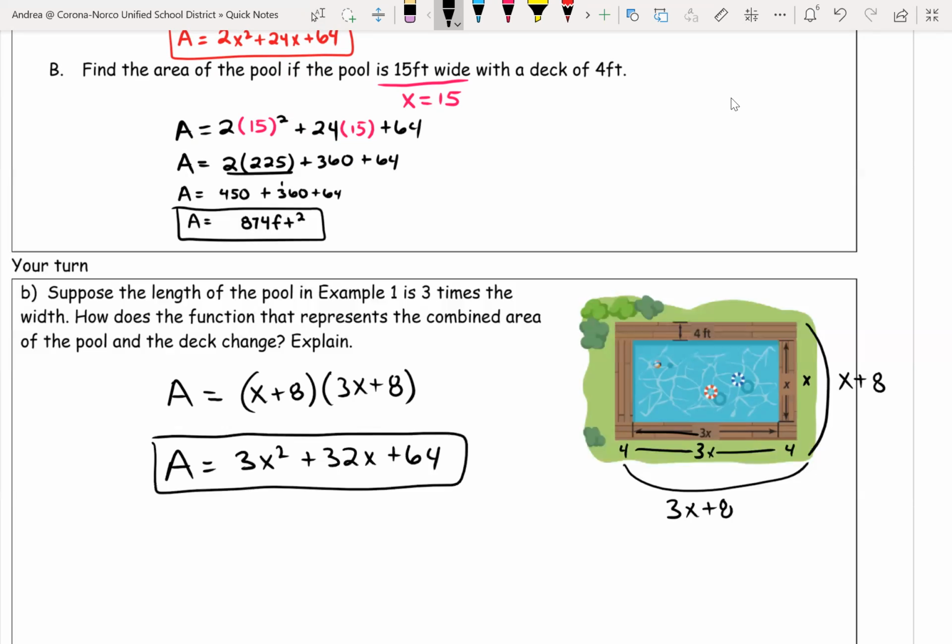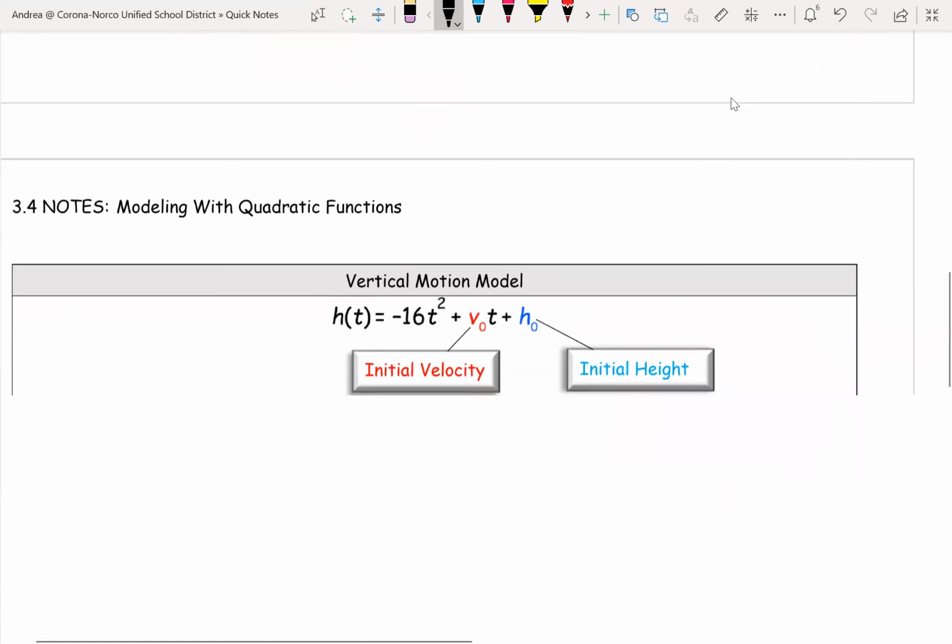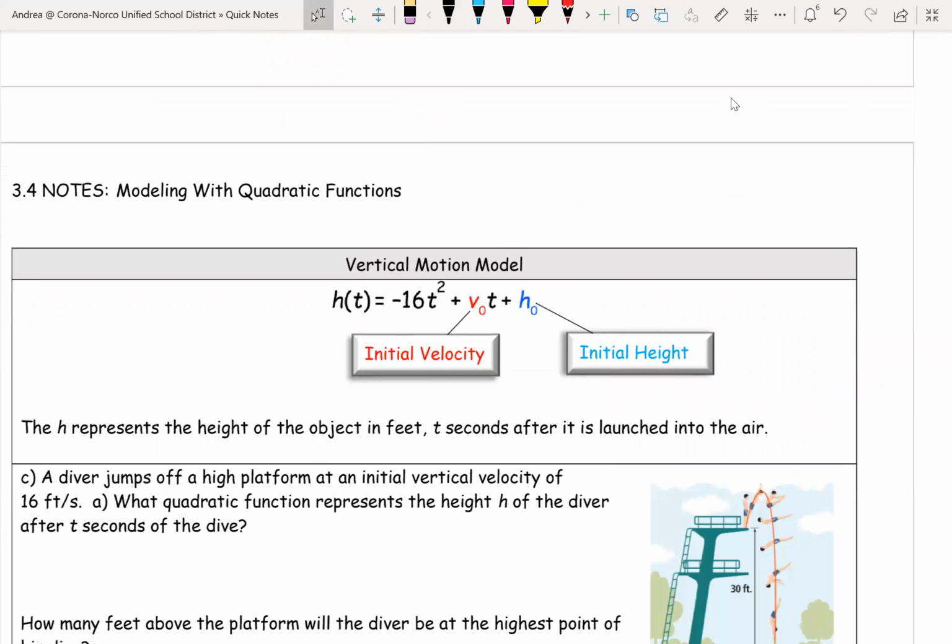Okay, on the back. Vertical motion can be modeled using a quadratic function. Anyone in physics?